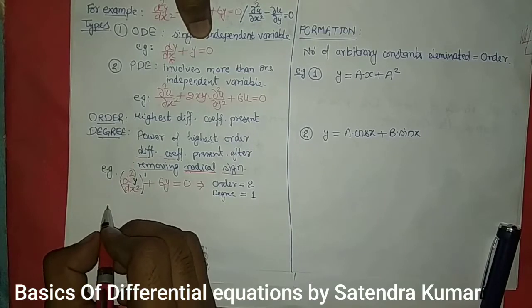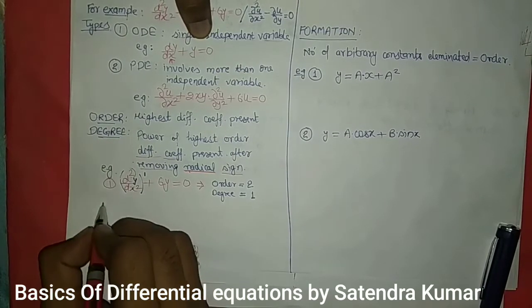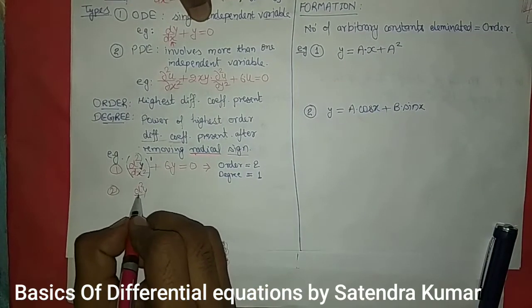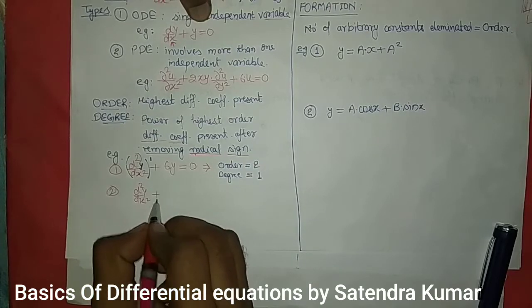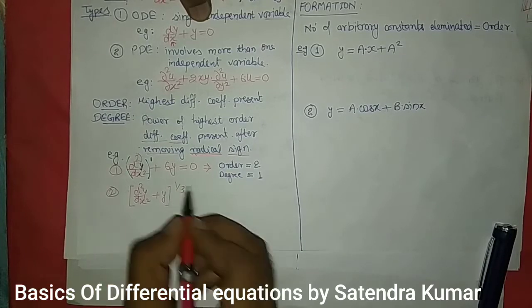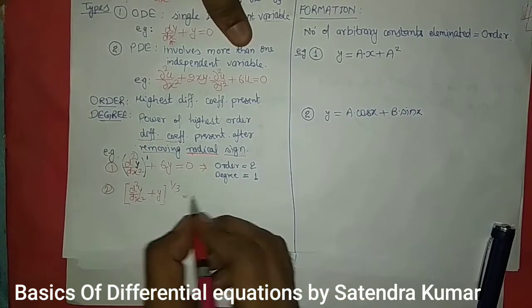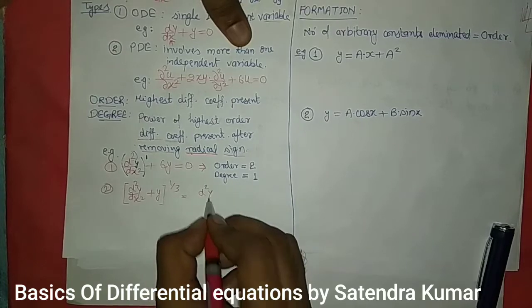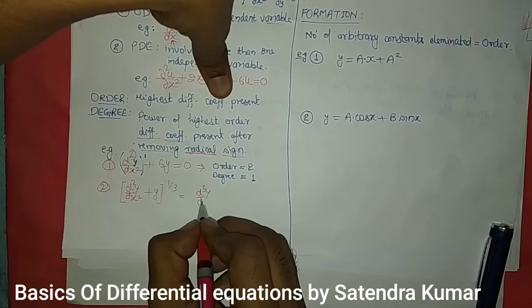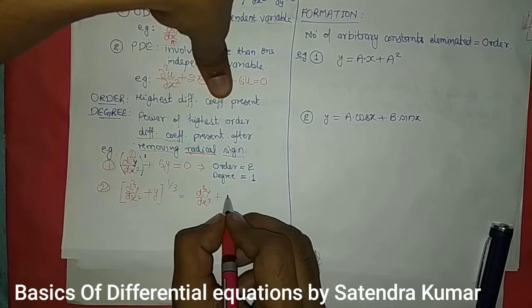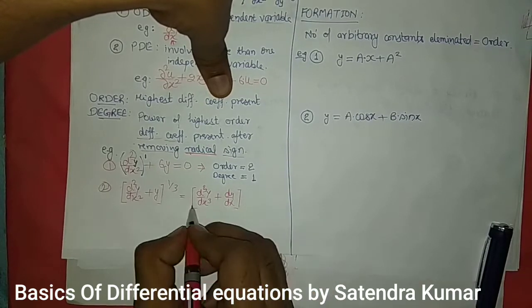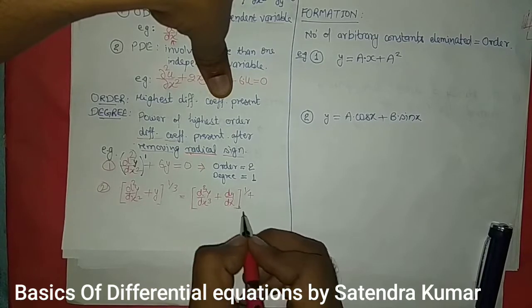If we take some more examples, second is d2y upon dx2 plus y whole raised to the power 1 by 3 is equal to d3y upon dx3 plus dy by dx whole raised to the power 1 by 4.